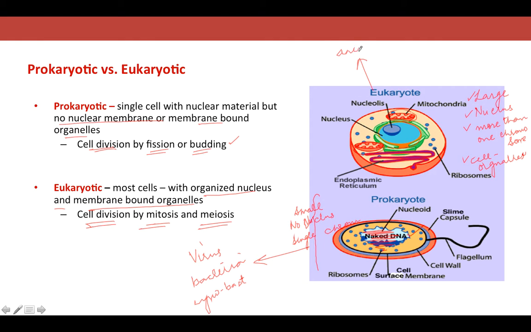Unicellular means one cell, multicellular means many cells. Prokaryotic cells are primitive cells. Eukaryotic cells are modern day cells. Most of the cells are eukaryotic in nature with very organized nucleus and membrane bound organelles. I hope there's no confusion with respect to prokaryotic and eukaryotic cells.